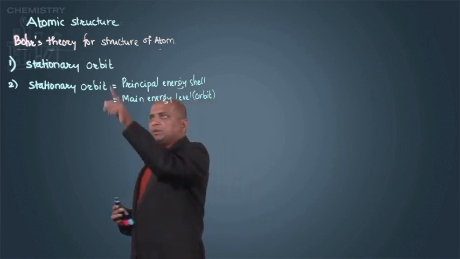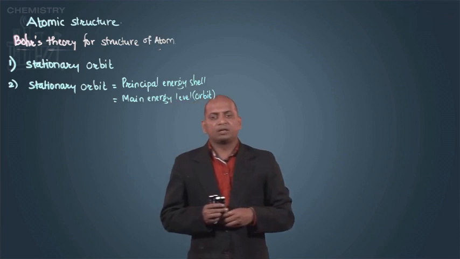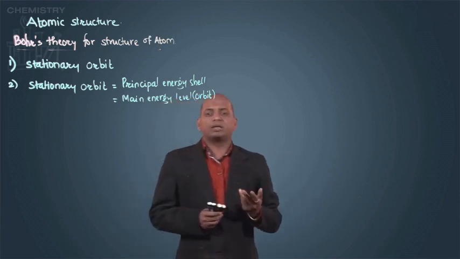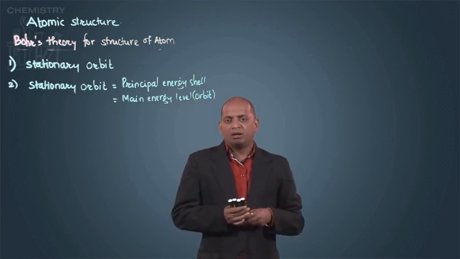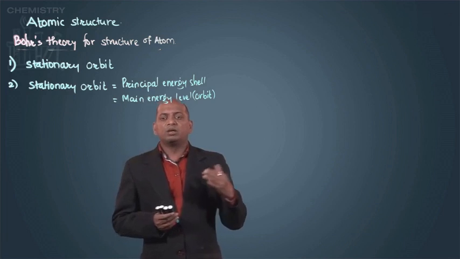As I mentioned, as long as the electrons are revolving in that stationary path, they never lose energy. But an electron can lose energy when it jumps from one energy level to another energy level.